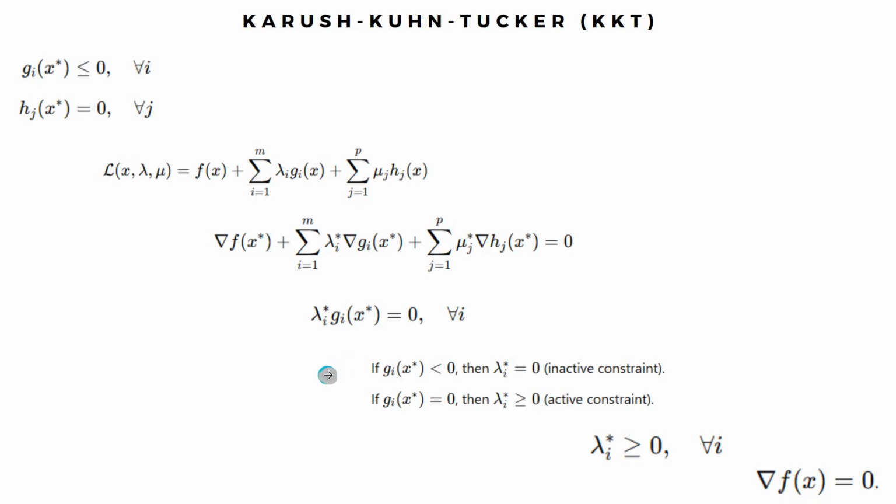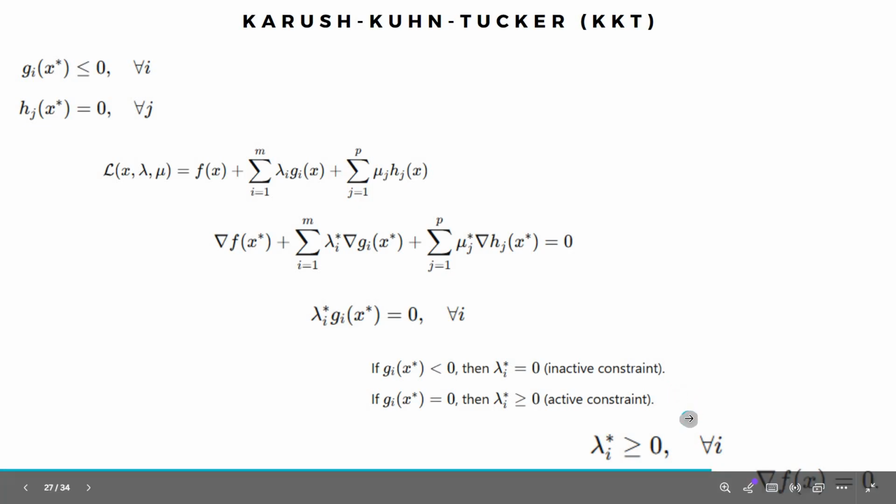And we will look at dual feasibility, which is essentially a non-negativity condition for the Lagrange multipliers. And you can see it is written like that. Lambda sub i star is greater than or equal to 0 for all i, of course.